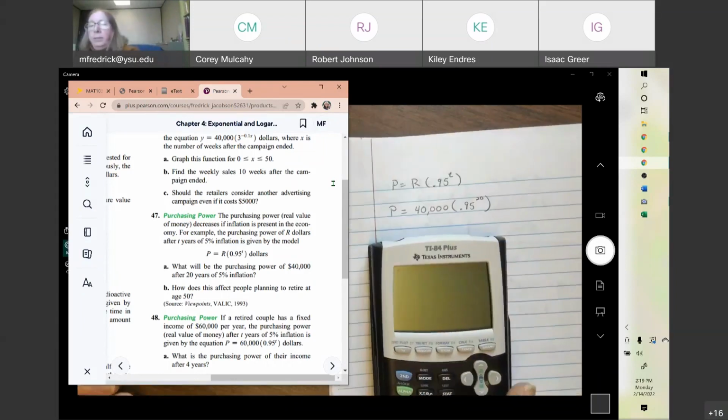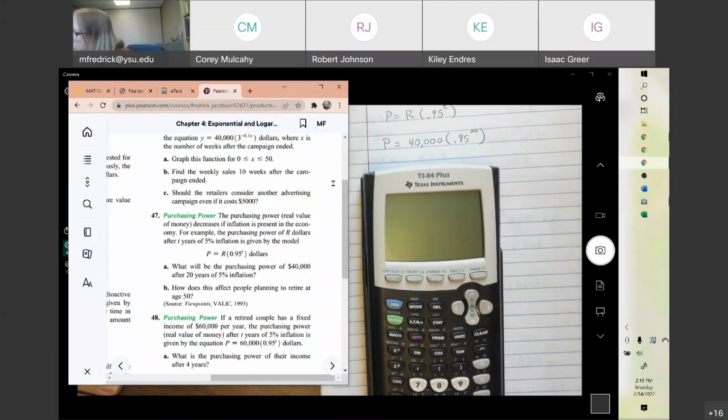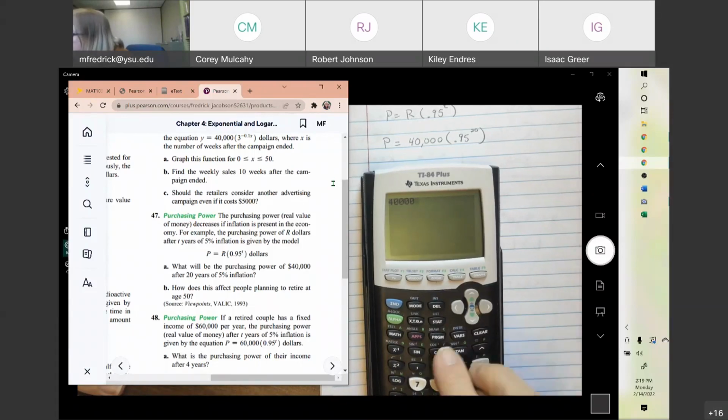Now, when you plug that into your calculator, 40,000 times 0.95, and then use a caret for the exponent, 20.